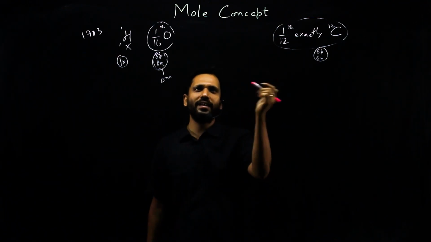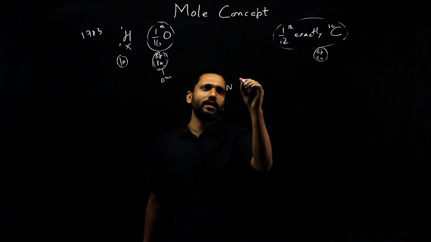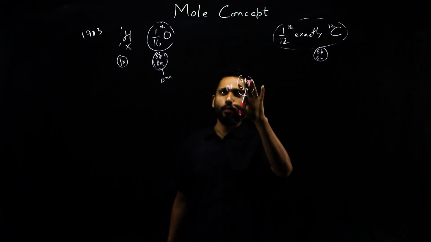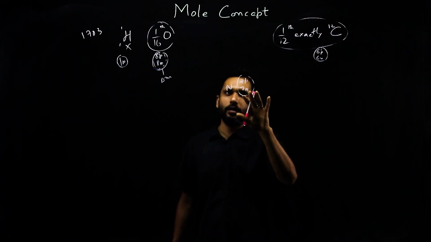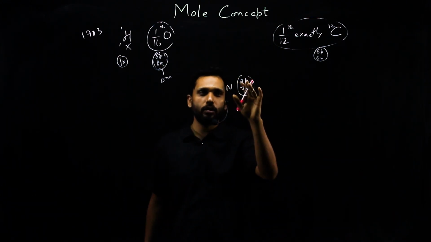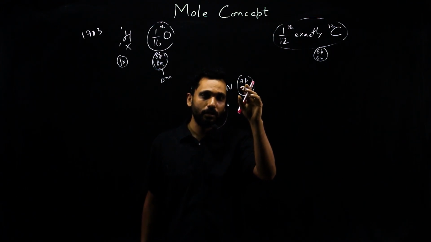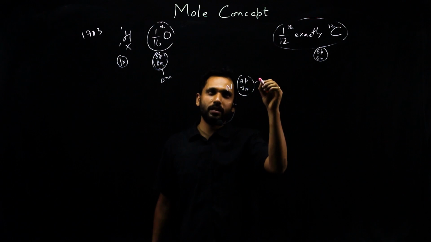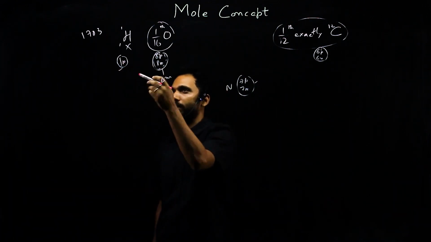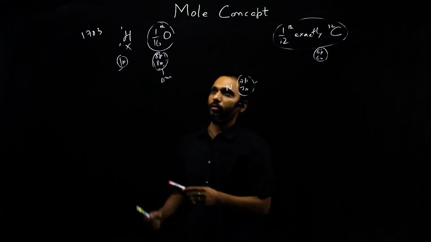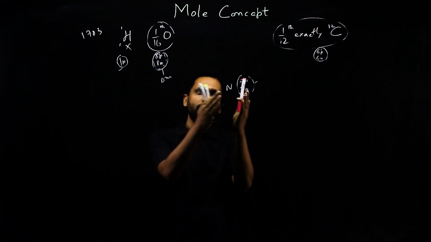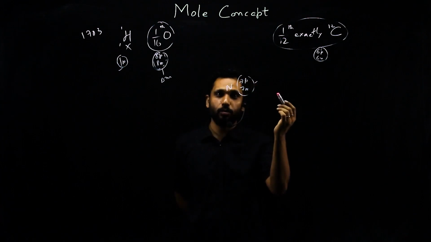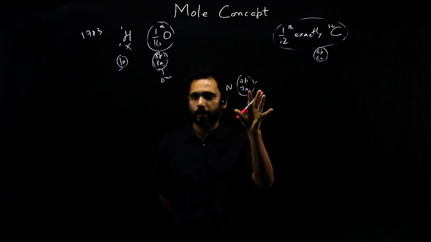So other things like nitrogen, which has 7 protons and 7 neutrons, will also be a combination of these, and is also a combination of protons and neutrons bonded together in the nucleus. So this will also have a mass defect. Hydrogen had no mass defect, there was no combination. So comparing with 1/16th of oxygen is a better idea to get a value of nitrogen also as near to an integer as possible.